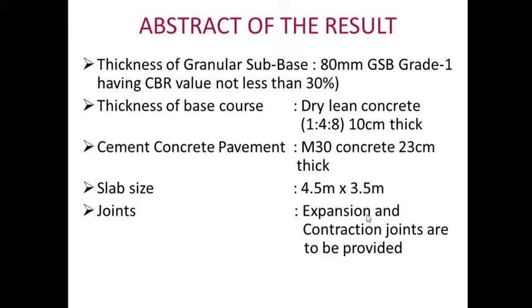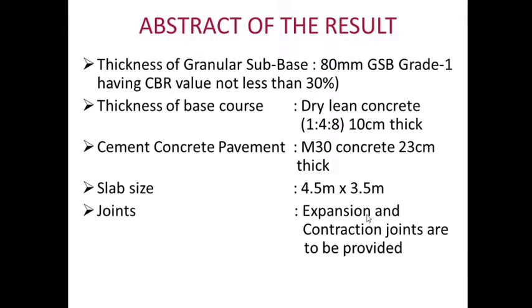Then slab size 4.5 meter by 3.5 meter, that is joints. Expansion and contraction joints are to be provided in the transverse direction, and longitudinal joints should be provided in the longitudinal direction.